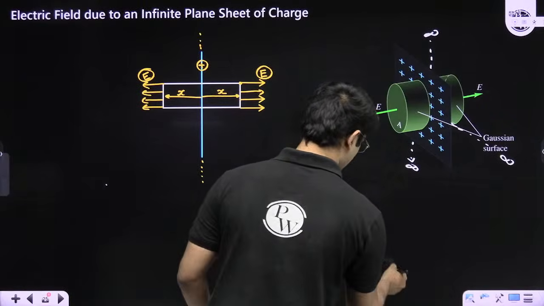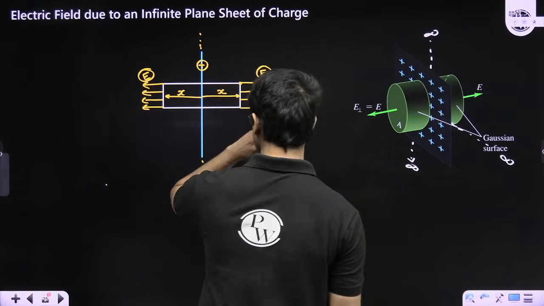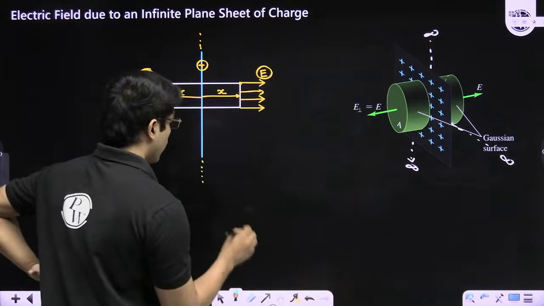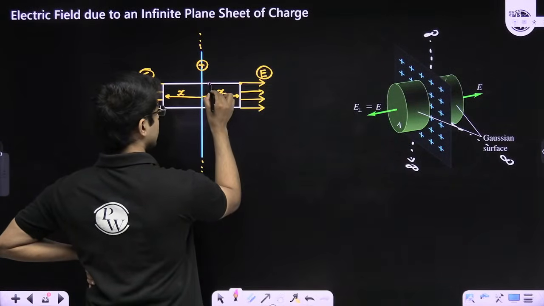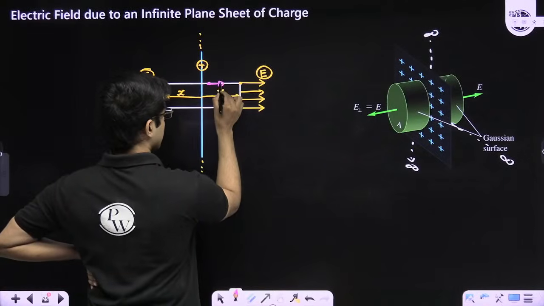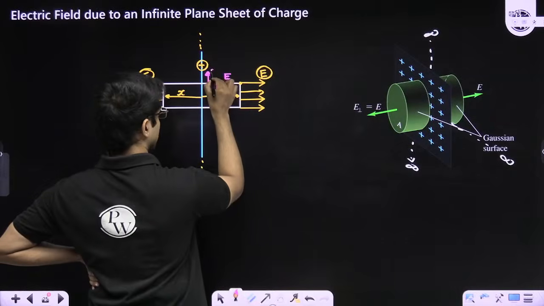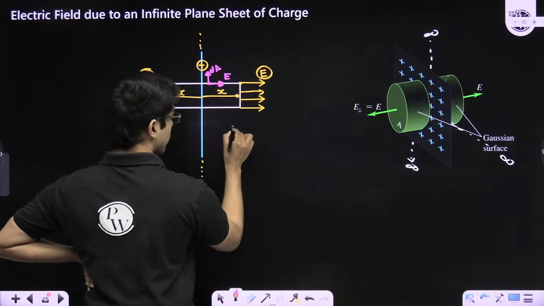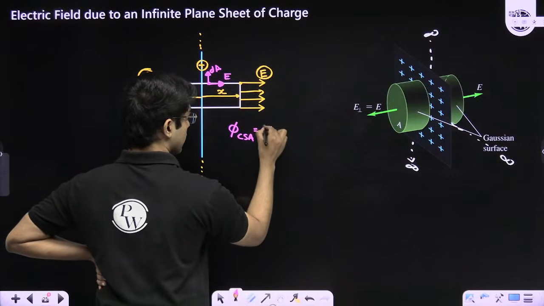Now we can apply Gauss law on this cylinder. This cylinder is our Gaussian surface. Here the situation is slightly easier because on the curved surface area, the electric field is in the right direction and the area vector is perpendicular, so the flux through the curved surface area will be 0.